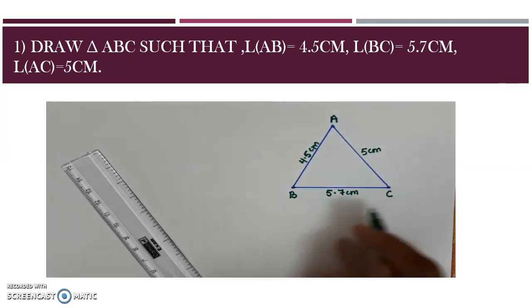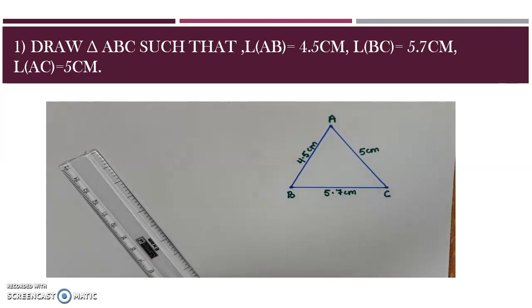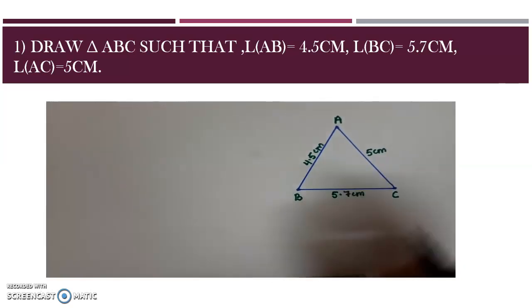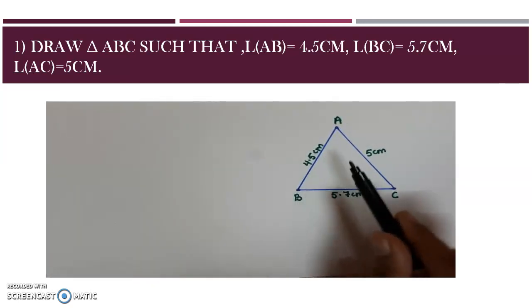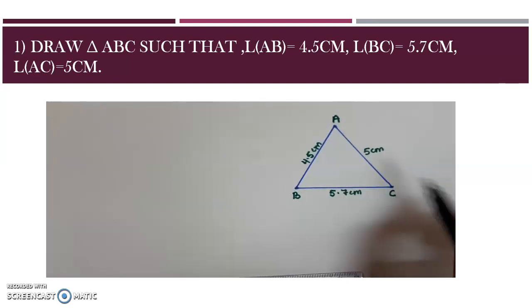So with the help of this rough figure, we will follow this figure and stepwise we will draw our triangle ABC. So first, you can start with any segment. You can start with AB or BC or AC.